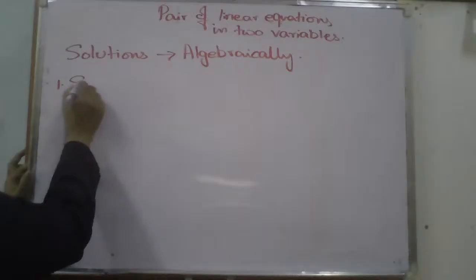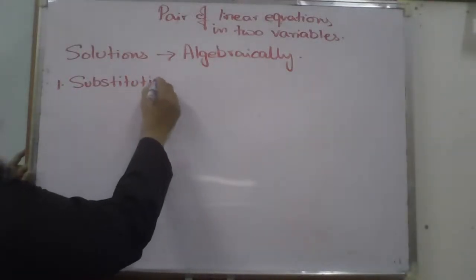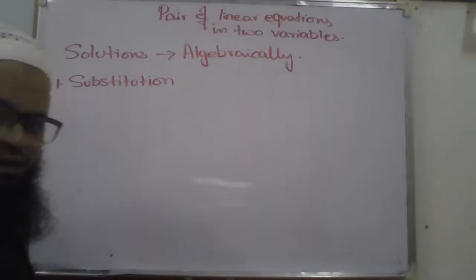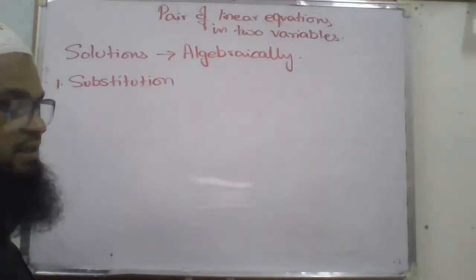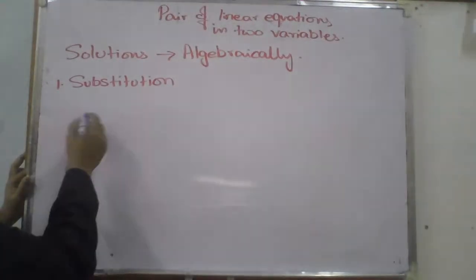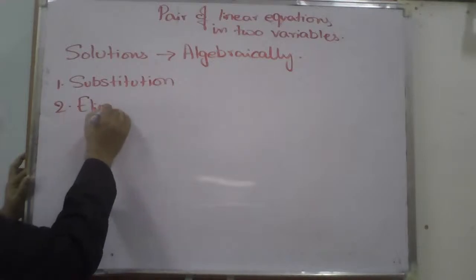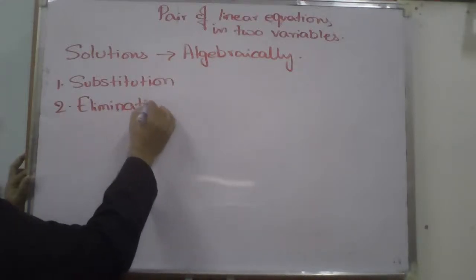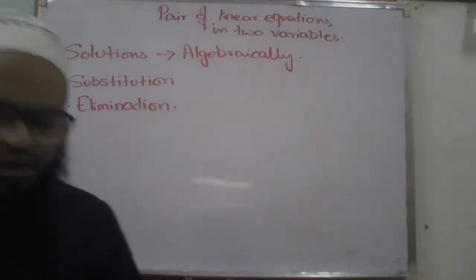The first method is substitution. My dear students, when somebody explains these methods or when you see videos, they will be very easy, but when you do it, it will be difficult. So please practice. And the second one is elimination.